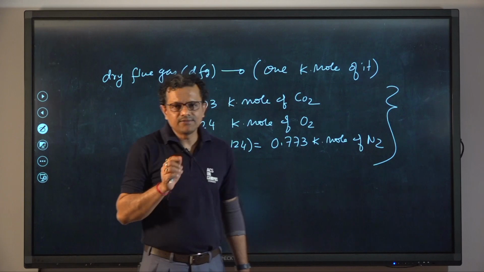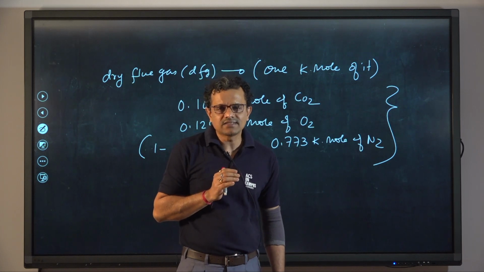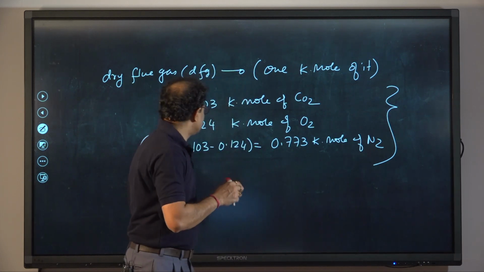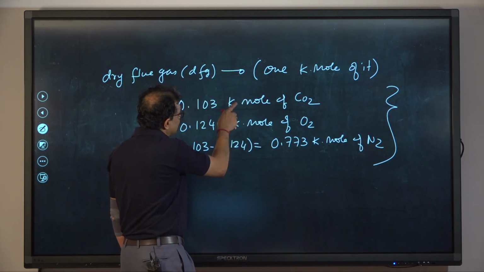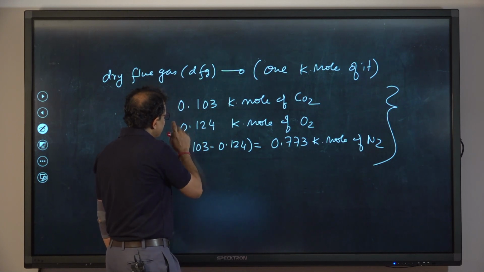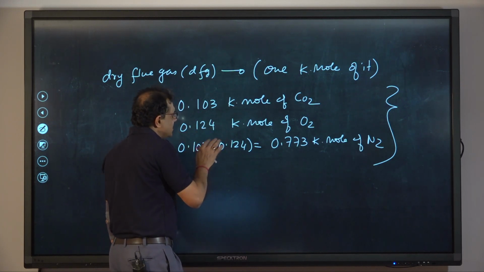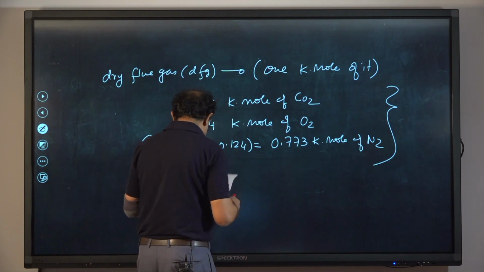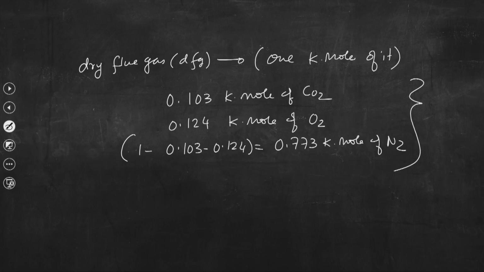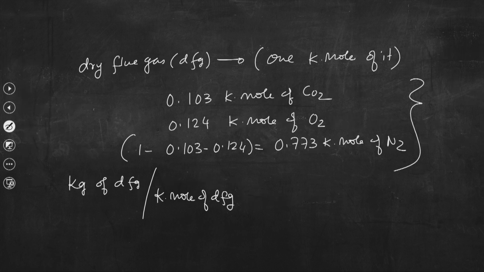If we consider 1 kilomole of dry flue gas, from the problem statement it contains 0.103 kilomole of carbon dioxide, 0.124 kilomole of oxygen and the remaining is nitrogen, that is 0.773. Okay. So, now let us calculate kg of DFG per kilomole of DFG. So, 1 kilomole of DFG will contain how much kg of DFG.